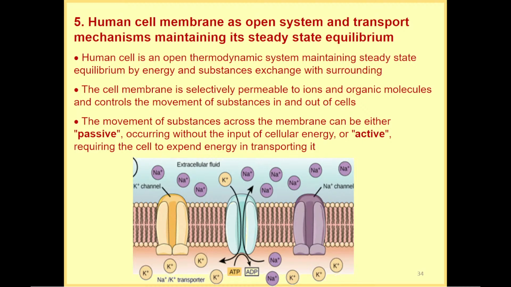through the membrane. You can see two kinds of transmembrane proteins, integral proteins. One kind of protein develops channels for the free motion of ions, but the channels are selective.